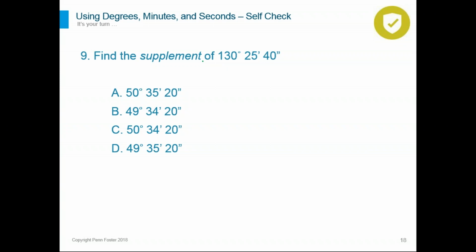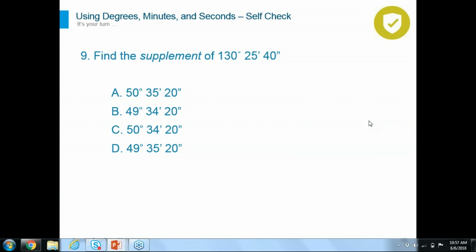So I'm going to leave the screen here for a few seconds, write down the problem, and then I'm going to change the screen for you to choose the right supplement of this angle. Okay. What is the supplement of the given angle?